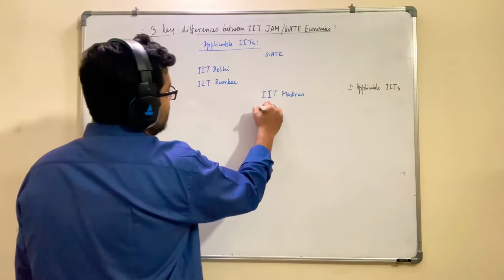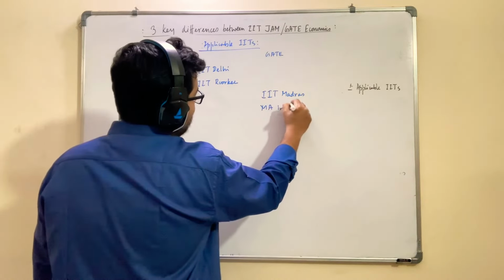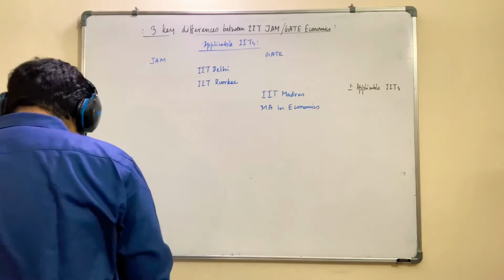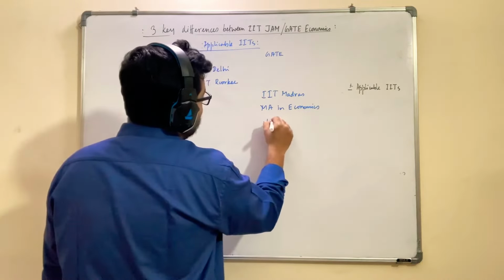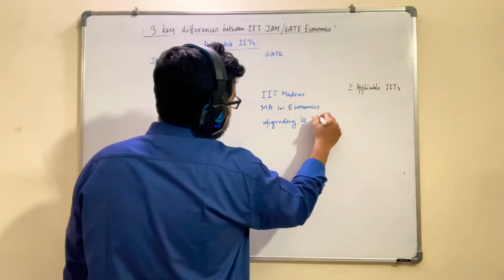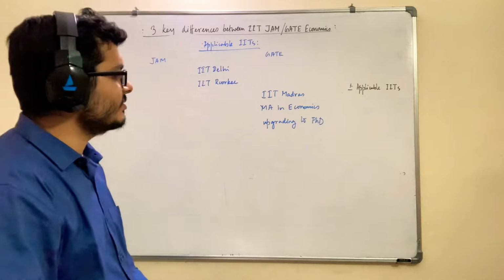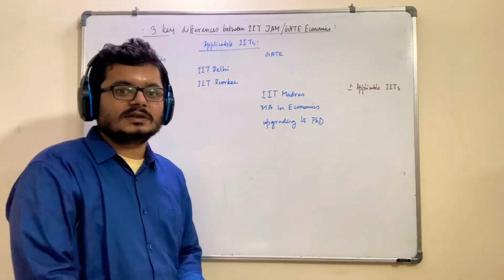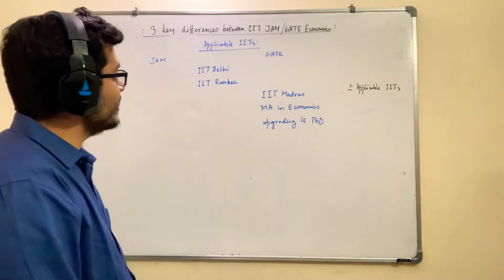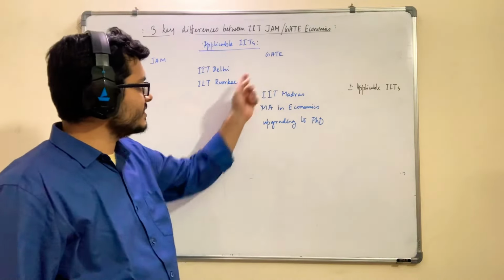So in IIT Madras, they will offer you MA in economics, and also there is an option of upgrading to PhD. Okay, so if some of you are trying to go into research, obviously this is a very good chance, right? But IIT Madras only accepts GATE.